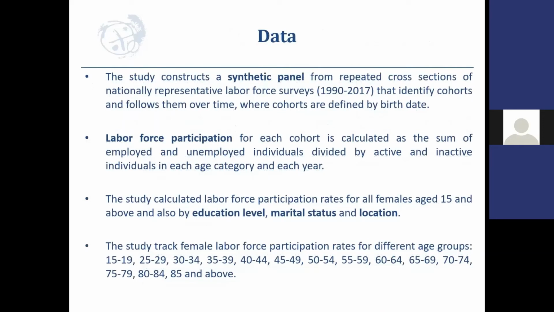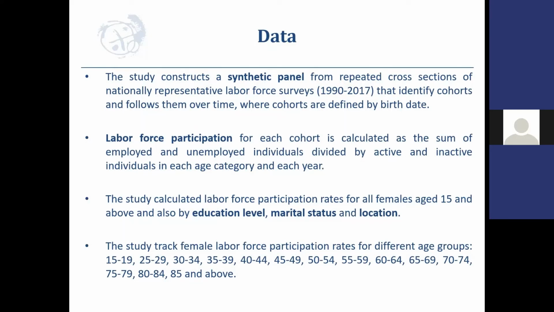I constructed a synthetic panel from repeated cross-sections of nationally representative labor force surveys. Labor force surveys provide data on socio-demographic characteristics of the total population, for example, on age, sex, marital status, education, and employment. Unfortunately, due to COVID-19, I couldn't go to the field work, so I made use of the secondary data sets that were available and identified cohorts and followed them over time, where cohorts are defined by date of birth.